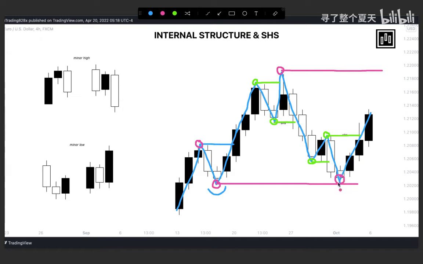Because we're going to consider this low to be a swing low if we do what? Break above the most recent high. I beg your pardon?